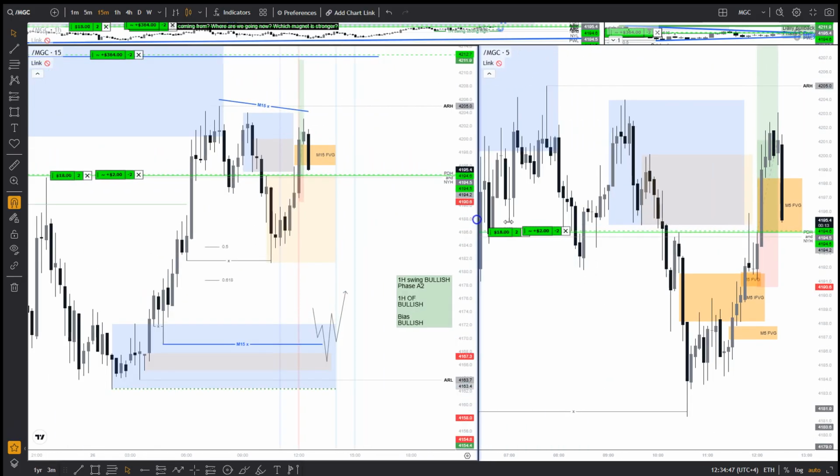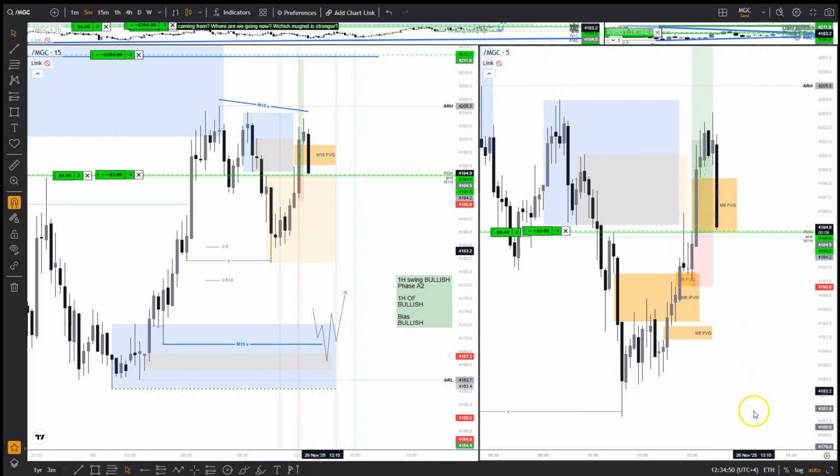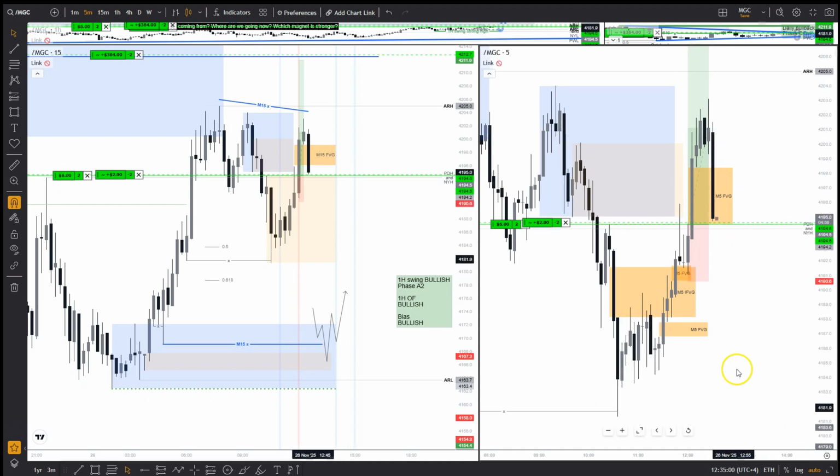It's a very strong reaction. So London might be manipulating. Wow, look at this. Almost out. This is the mitigation of M5 fair value gap. And is it going to break or not? I cannot believe it.